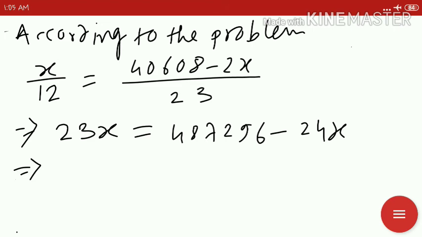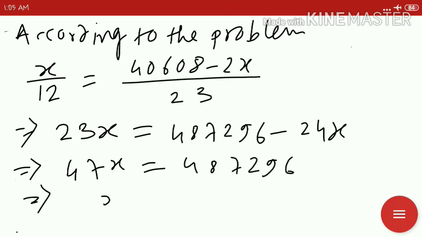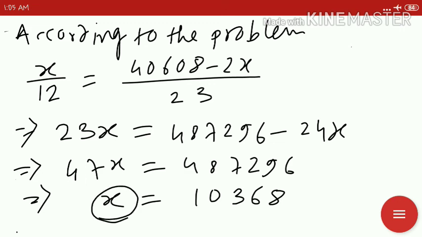It will come as plus. If you add, it will give 47x equals 487,296. Now if we divide it by 47, you will get the value of x as 10368. I have taken x as the investment in the first type of share.